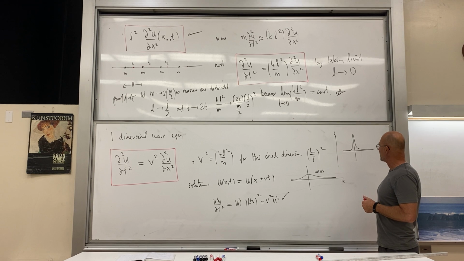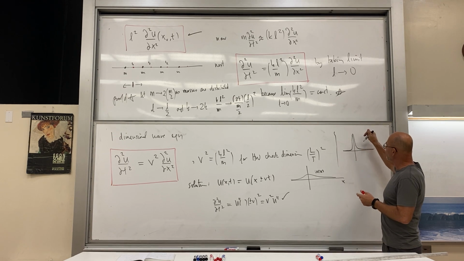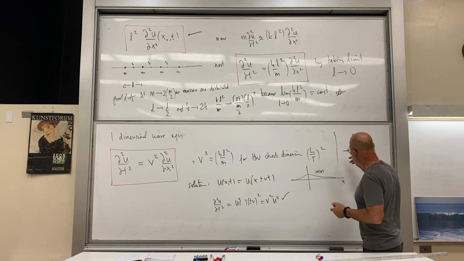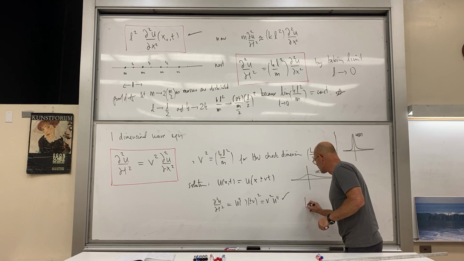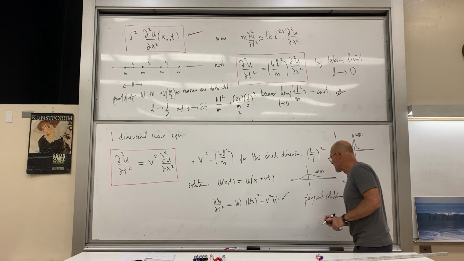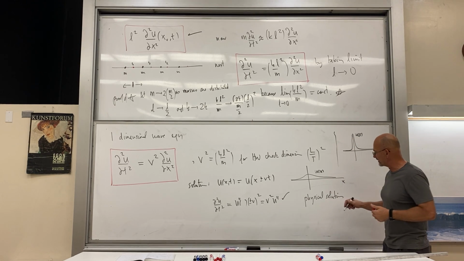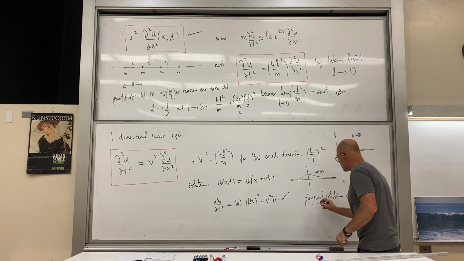So in fact, just note that this pulse here would satisfy the wave equation just trivially, but real, physical solutions, let's talk about it that way, have to have a pulse that represents very small displacements. So physical solutions are for small displacements.